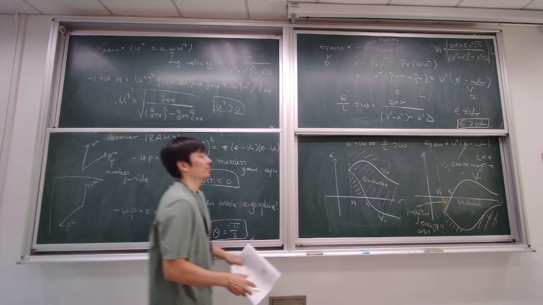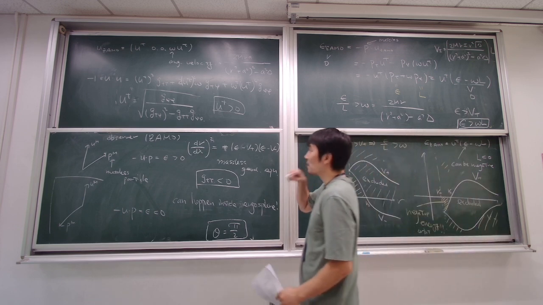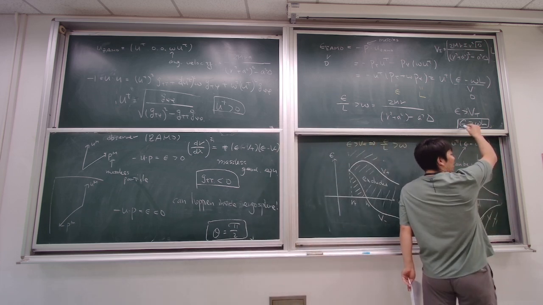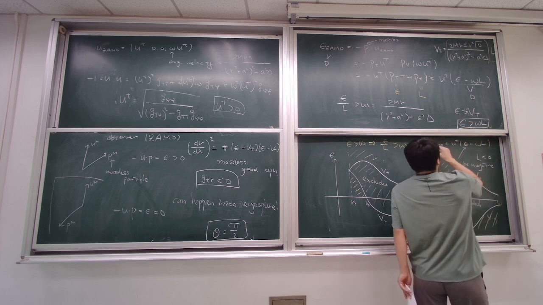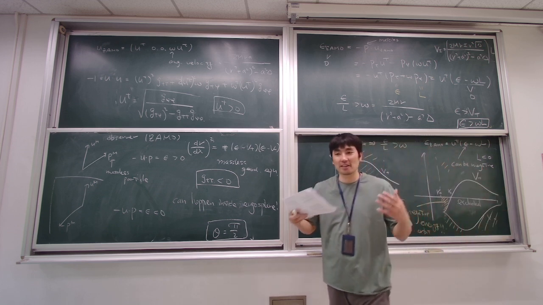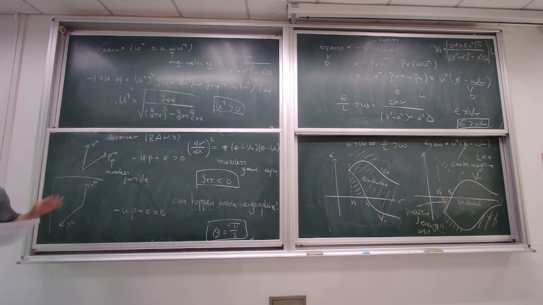And here, this epsilon is the energy measured at infinity, and epsilon ZAMO is the energy measured by the zero angular momentum observer.